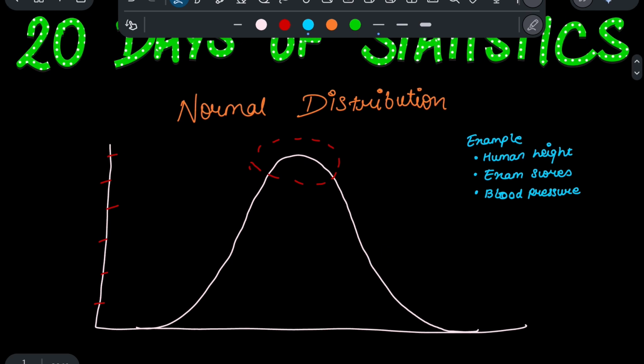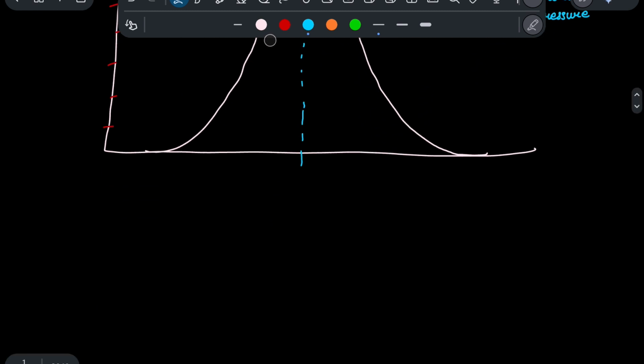So let me talk about the key characteristics of the bell curve. First is symmetry. The left and the right sides are mirror images. If I draw a line here, you can see the left and the right are mirror images. Let me write the characteristics also for you.